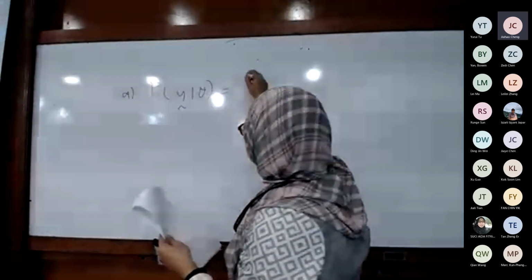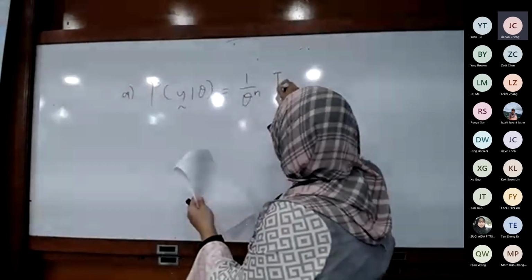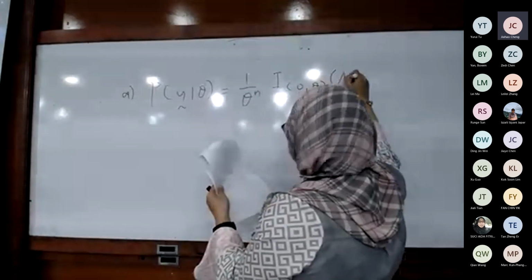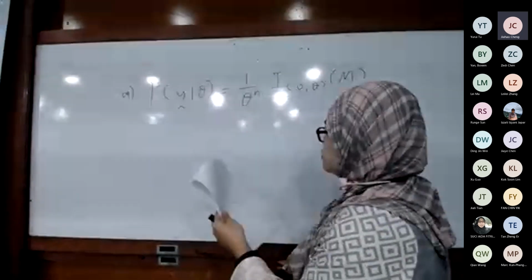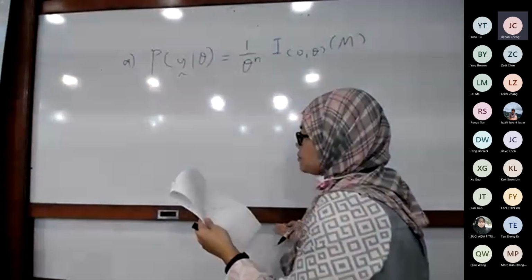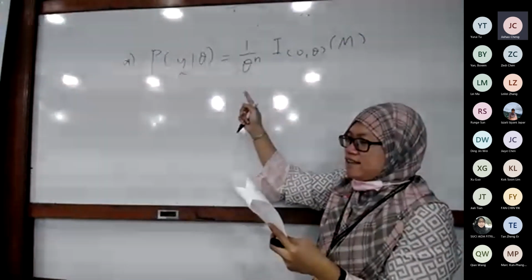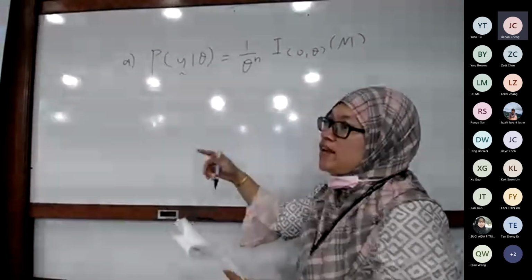The part where she has a problem is the indicator, and M is your function of the maximum. So here I put in my joint PDF 1/theta^n, and then you have the multiple of the indicator of your yi.